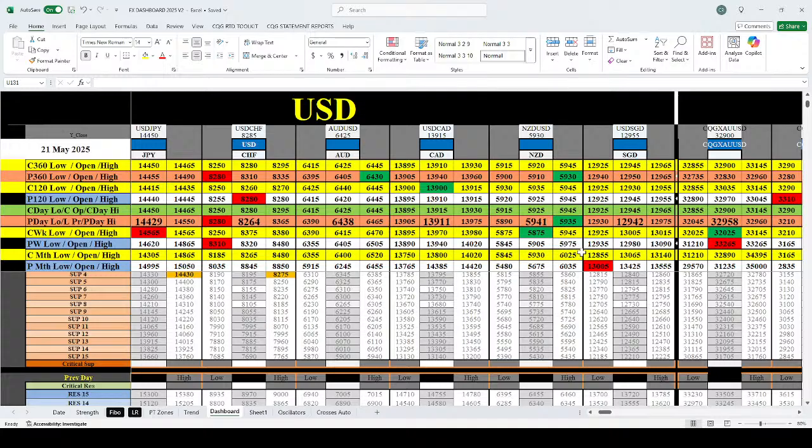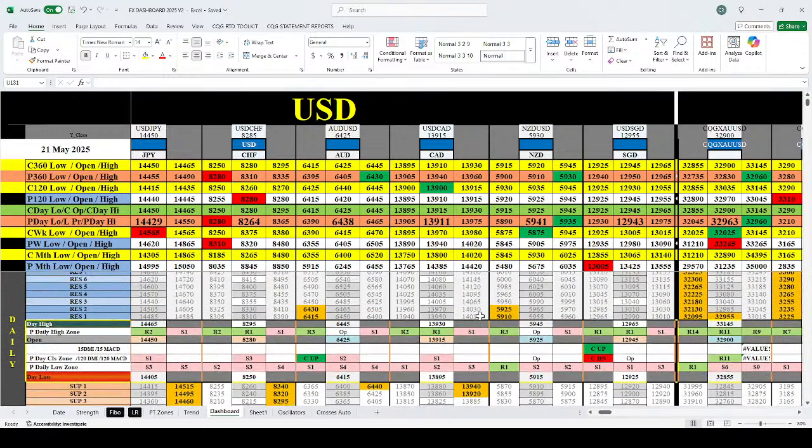Your previous week high is 59.75. Current month high is 60.25. Previous month high is 60.35. So that means we need to see the price turning before these levels. So we try to sell near 60.25 or 59.80.